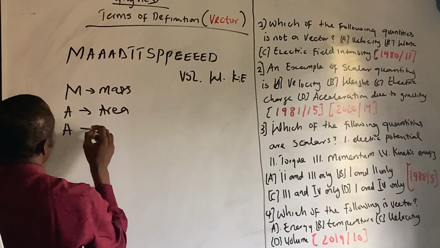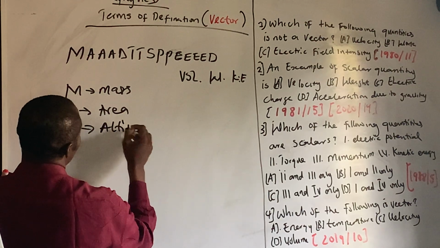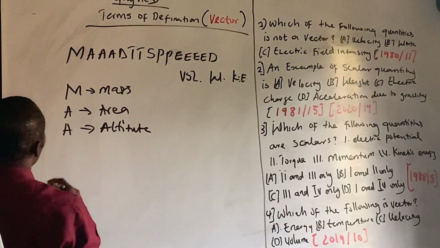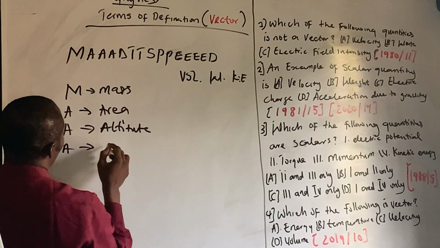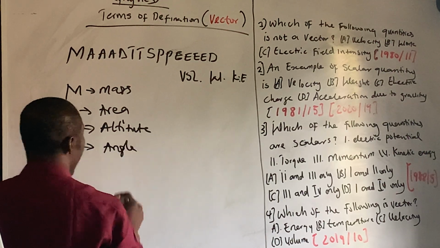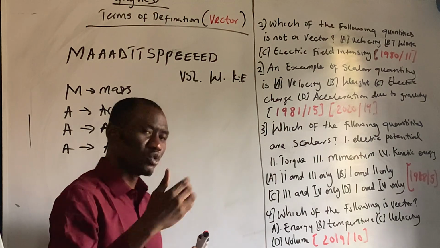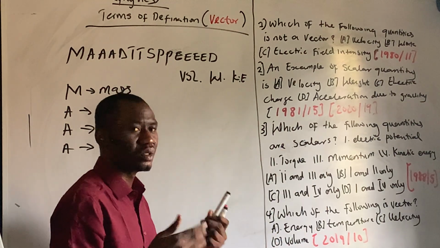Then A is for altitude. Then A is for just angle. Angle, not angular position. Angular position is a vector, but just an angle is a scalar.